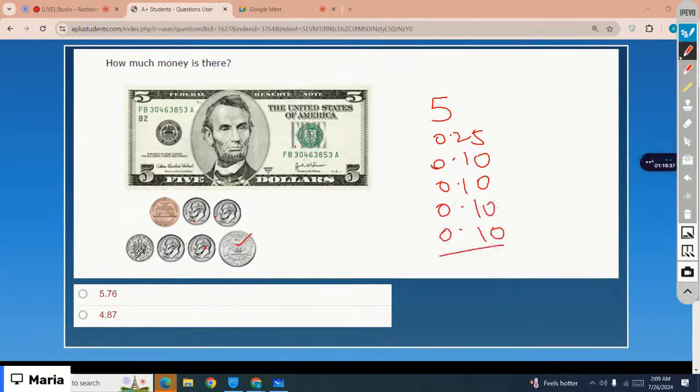Then you have one nickel. You can count it by 5. Then you have one penny. You can count the penny by 1, right?